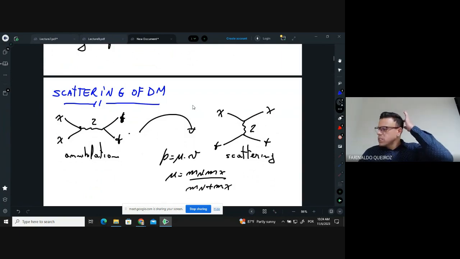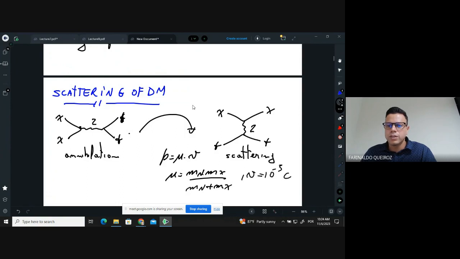The mass of the nucleus, usually we are talking about, let's say, 100 GeV. So if you put this as 100, you see that this momentum will be very small, and v is 10 to the minus 3 c, which is the average velocity of dark matter particles in our halo. So this is a very small number compared to this case, okay? So the center of mass energies of these two processes are completely different.